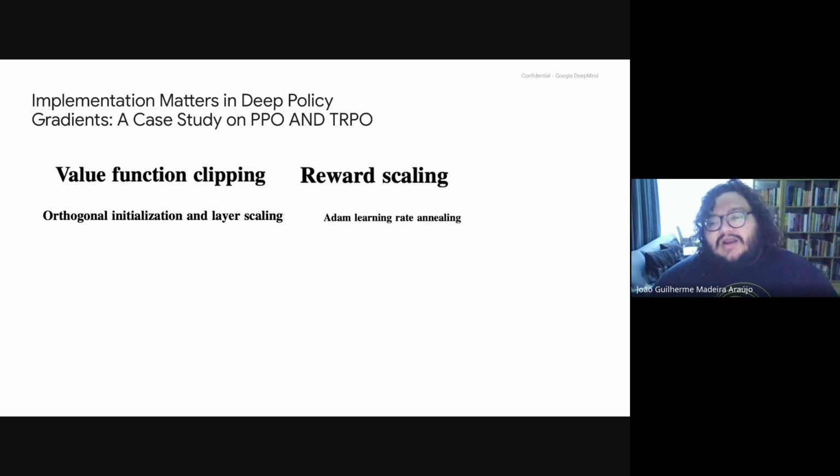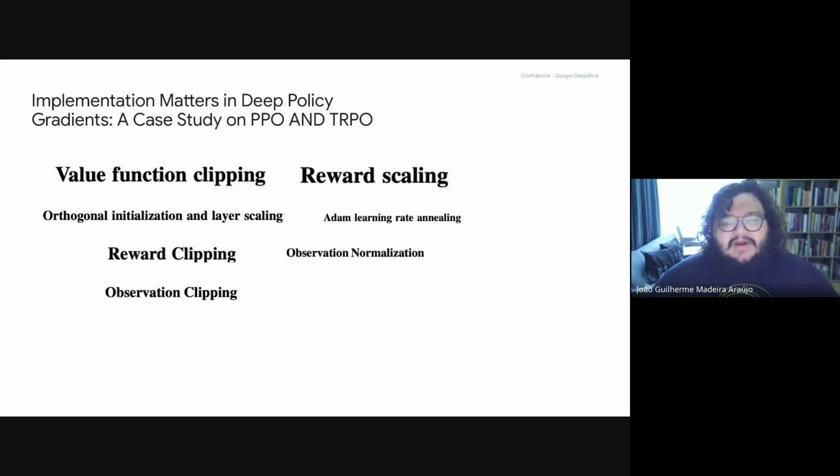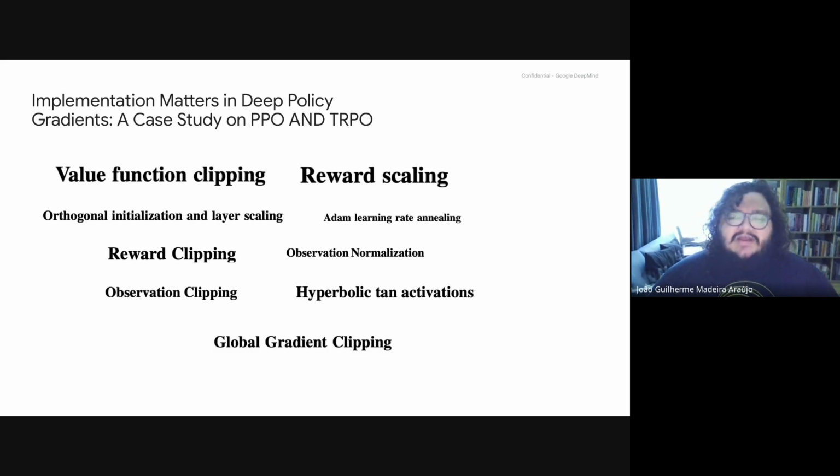They do a learning rate annealing, which we nowadays call a learning rate schedule for Adam. Again, unsurprisingly, not part of the algorithm. Reward clipping, observation normalization, observation clipping, hyperbolic tangent activations, global gradient clipping. So they have a bunch of things which are implementation details, not part of the algorithm, but which they use on PPO and don't use on TRPO.